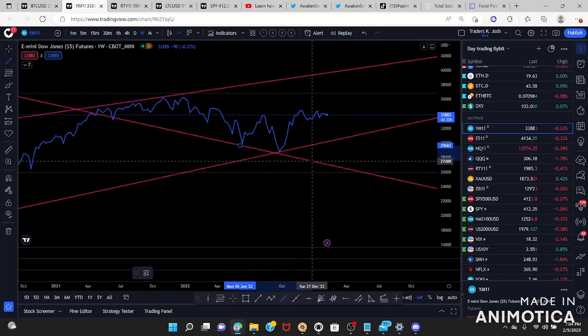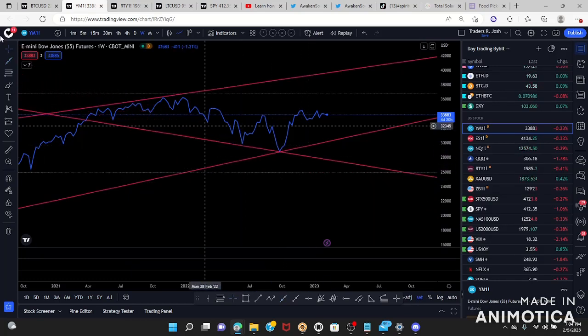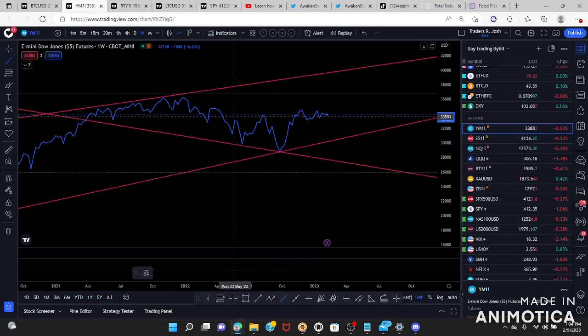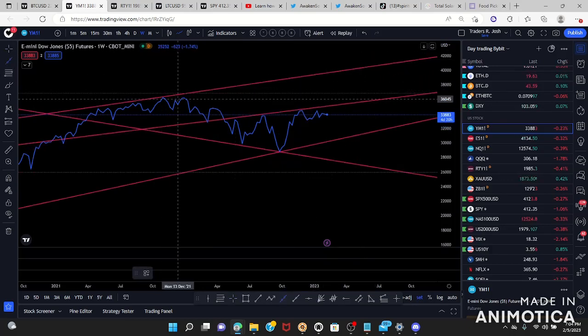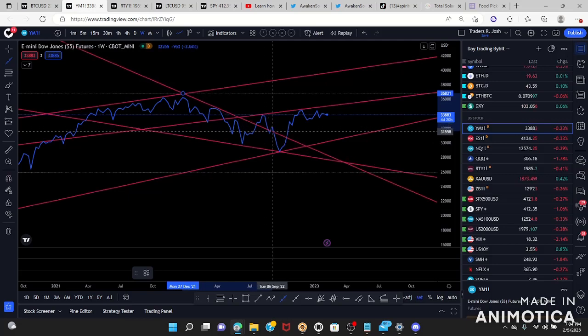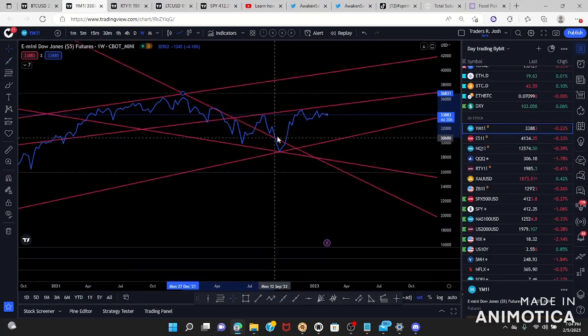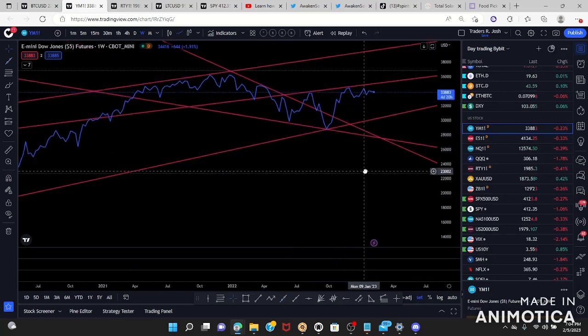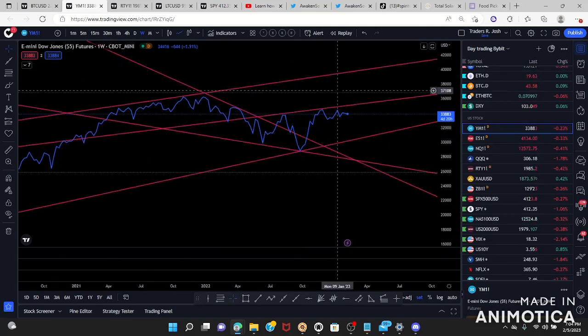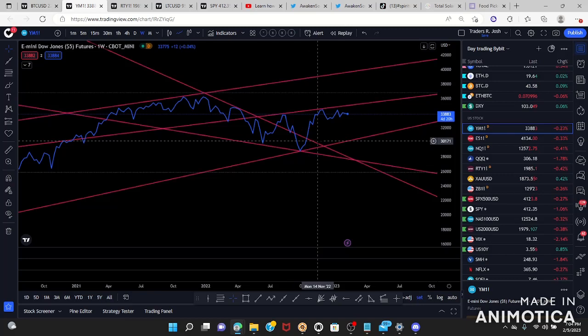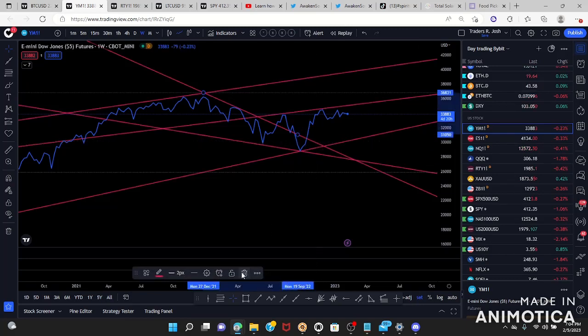So basic trend lines here. I'm going to put some support here. Just connecting the tops to the bottoms, trying to see what I see. So look at this. This was a falling wedge that broke to the upside. I'm going to take this off because it's irrelevant now.